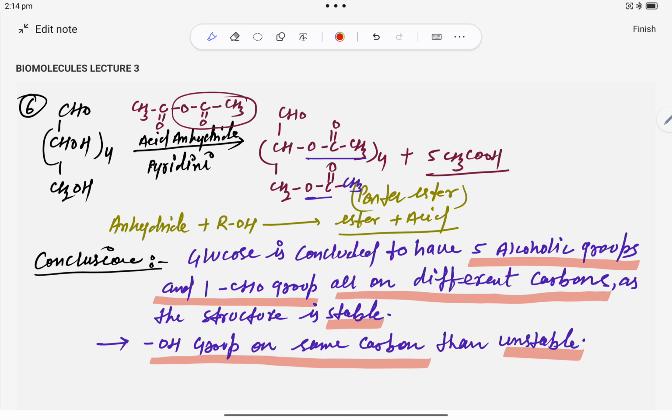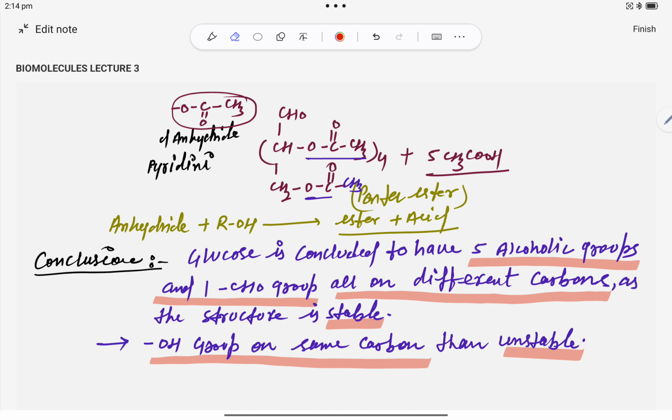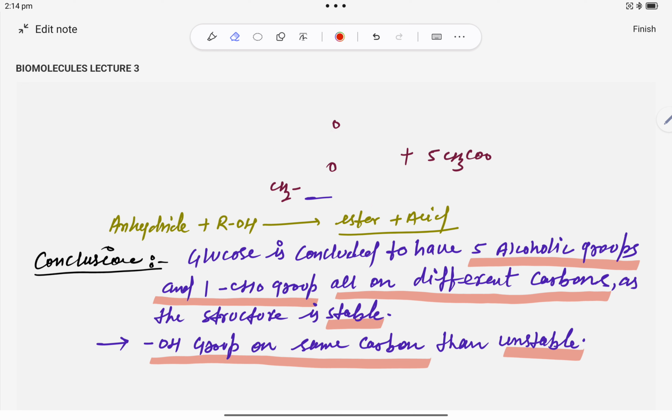In that case, what is the structure of that glucose? Check it once. See, carbon number 1 is the aldehyde, then 2, 3, 4, 5, 6.